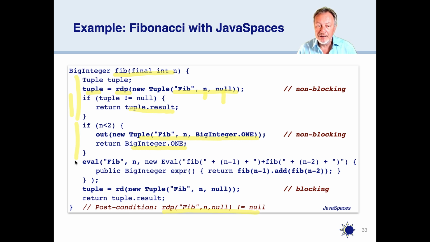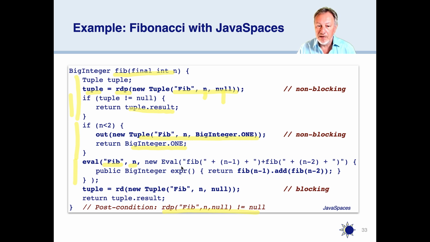If we're not at the base case, now we perform the recursive version. So the recursive version here is an eval. So eval is going to do an out for us, but it contains a process. So the eval is going to produce Fibonacci of n, and it's going to compute.